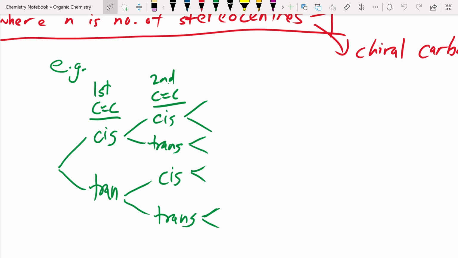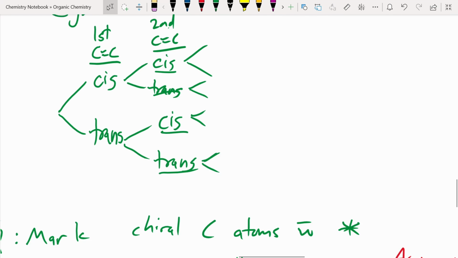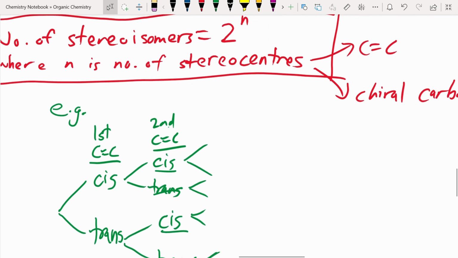For every cis and trans molecule, there will also be another set of cis and trans. As you can see right here, there will be one more set and one more set. And this continues on for the third C double bond C.